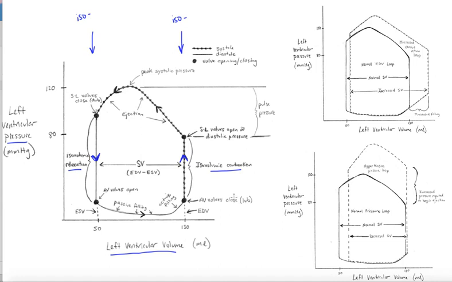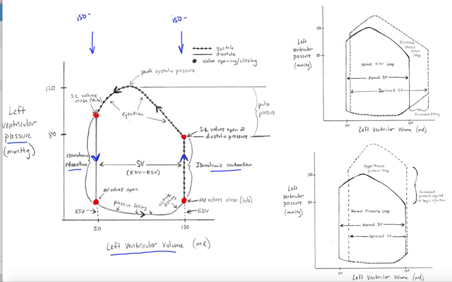Now, if you think about it, if you're isovolumic, that means the volume's not changing. Iso means same, which means all the valves are closed. Which means that moving in or out of those phases is when the valves are opening and closing. So as you'll see, the change in the valve positions occurs at the, quote unquote, corners of the pressure volume loop.